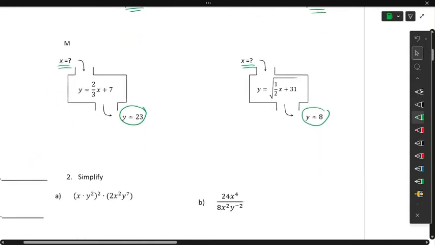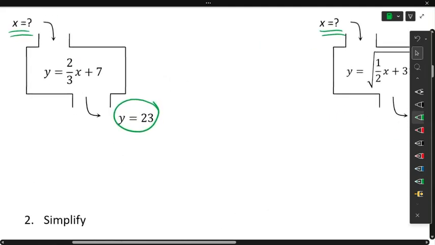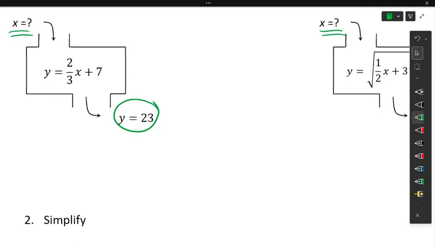Instead of finding the output given the input, the question is, what input will produce an output of positive 23? And what I like to do is just say, hey, I'm going to write down the definition of the function. This function is defined as take 2/3 of x and add 7.